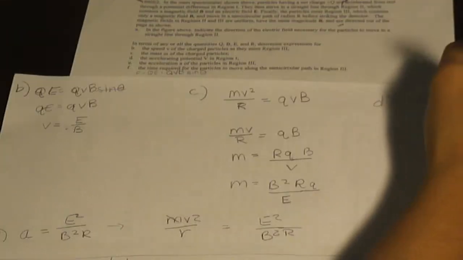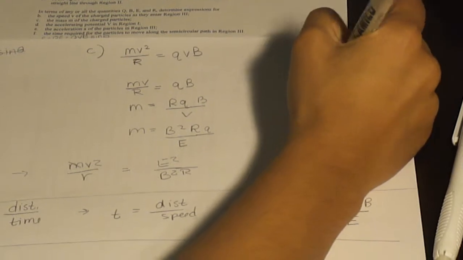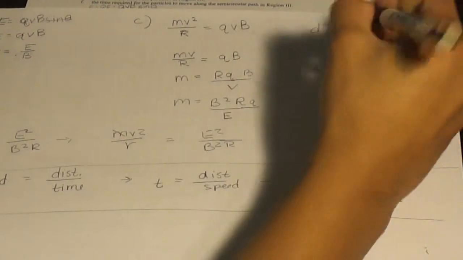Work is equal to QV, and we're looking for this potential, as opposed to the acceleration, which I incorrectly stated before. And QV is equal to 1/2 mv squared, not force, energy. So these are both energy equations, so we can set them equal to one another.